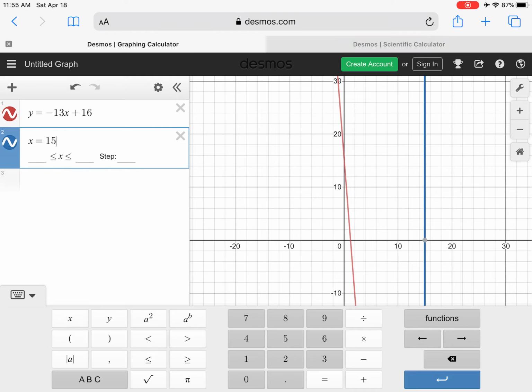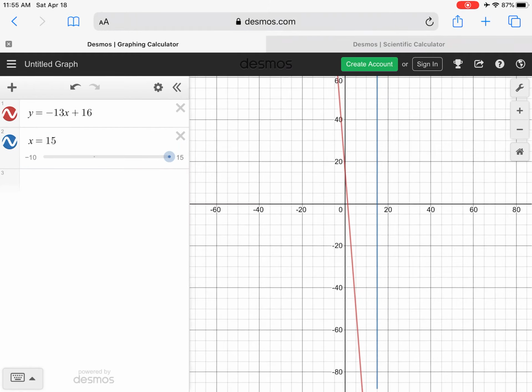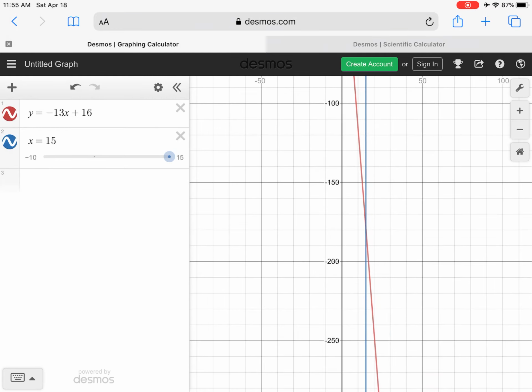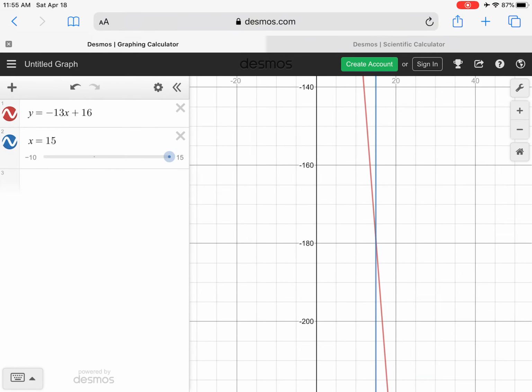Now we'll get a vertical line, remember, because x equals a number is a vertical line, or an undefined slope. Let's look at where these two lines intersect. They intersect when x equals 15, also known as the 15th term, and the 15th term happens to be our y value here, negative 179.